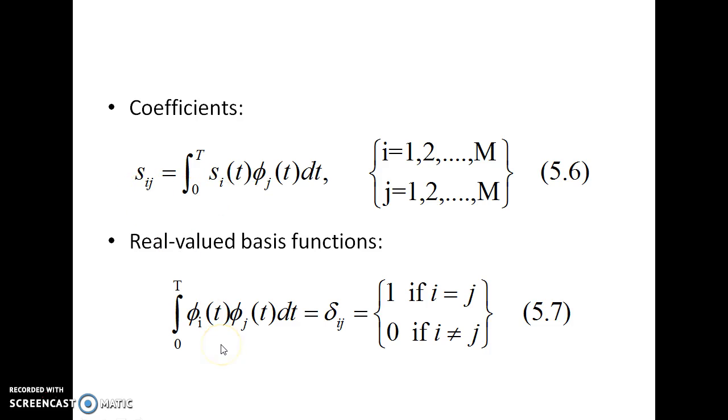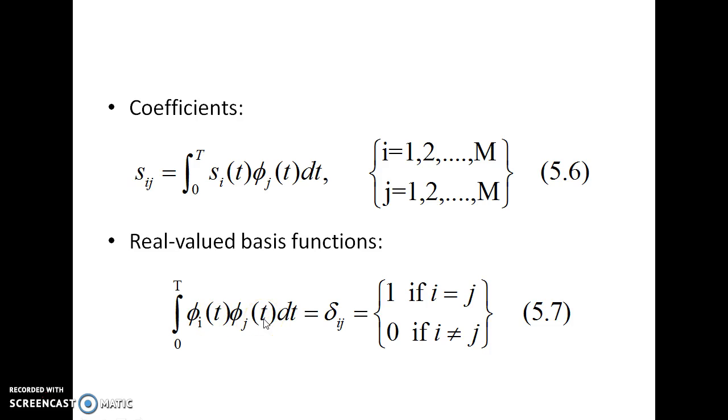A very important property I want to state here is: let's suppose you have two basis functions, phi_i(t) and phi_j(t). If you multiply them and integrate, it will give you 0 only if these two basis functions are different. This is called the orthogonality of basis functions.